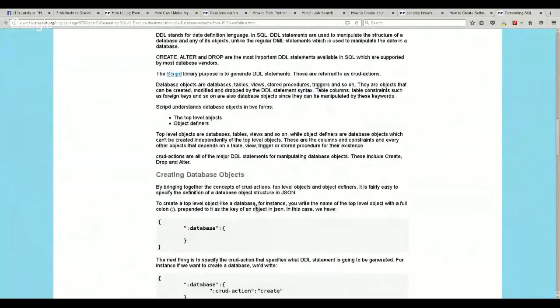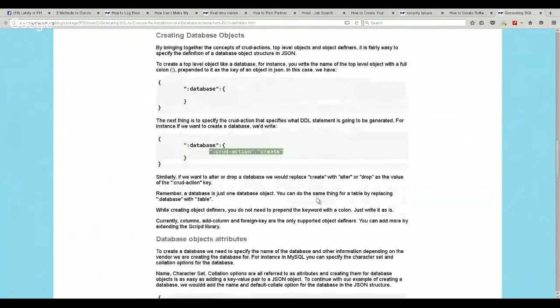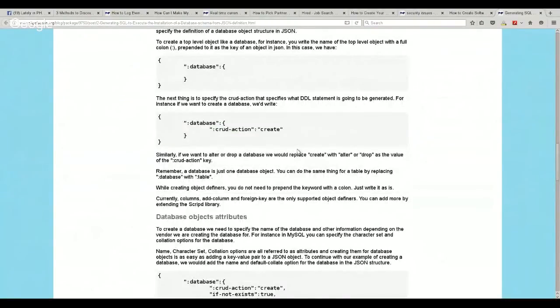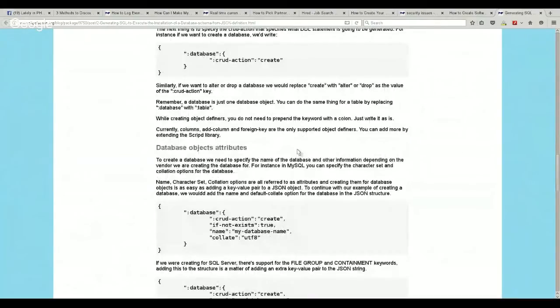Basically, it defines some JSON structure for your database, and then the author, Samuel Adesina from Nigeria, defines some CRUD actions so you can determine how to create your database schema.